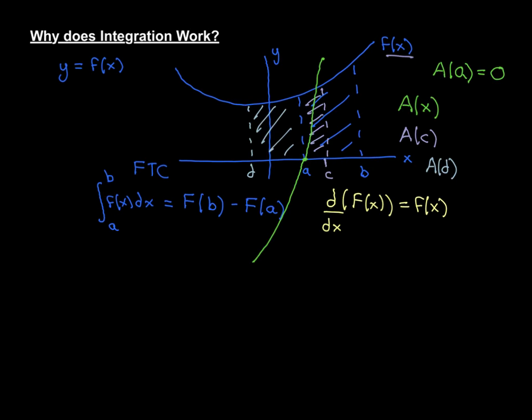So this is a cumulative area function. And if we evaluate it at b, we will get the value of the area under the curve between a and b of f of x.